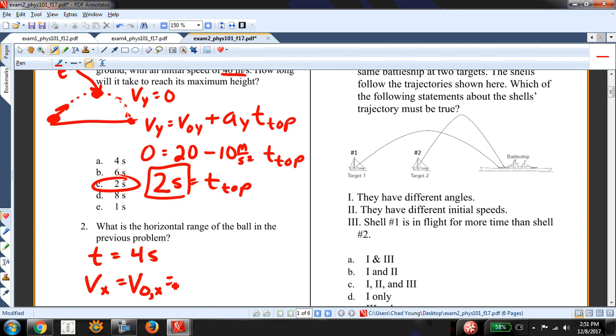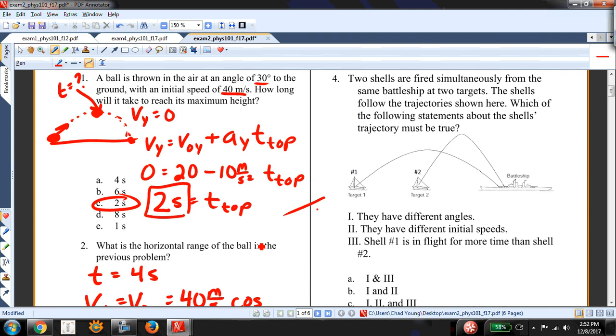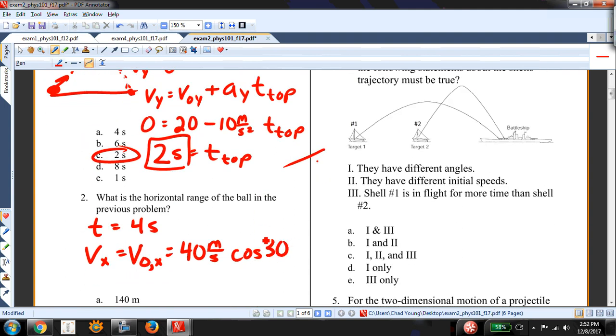So that's going to be 40 meters per second times cosine of the angle. Was the angle 30 degrees?